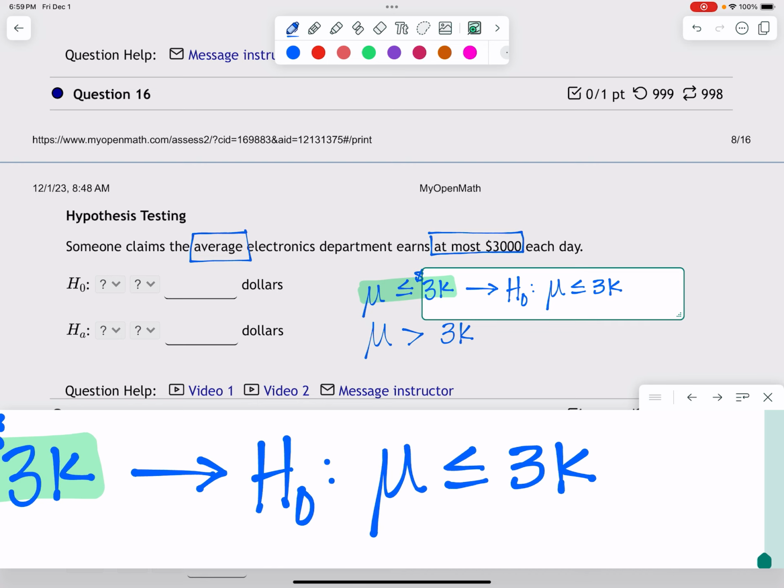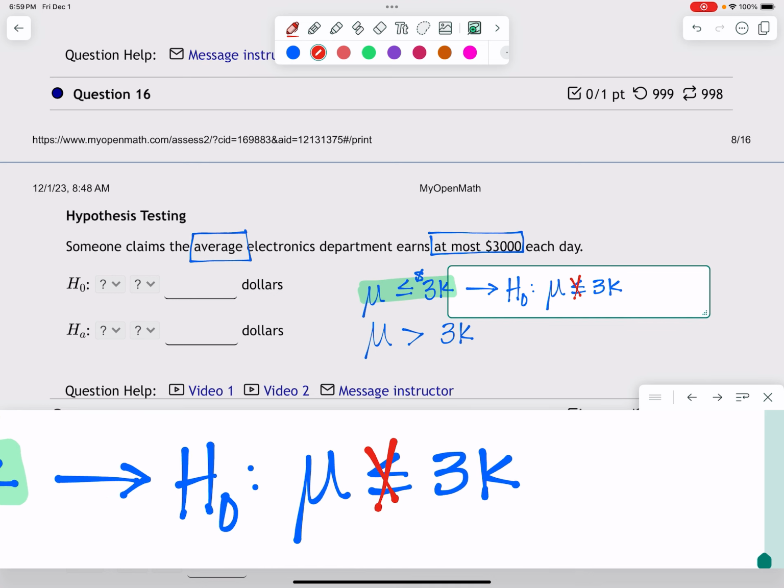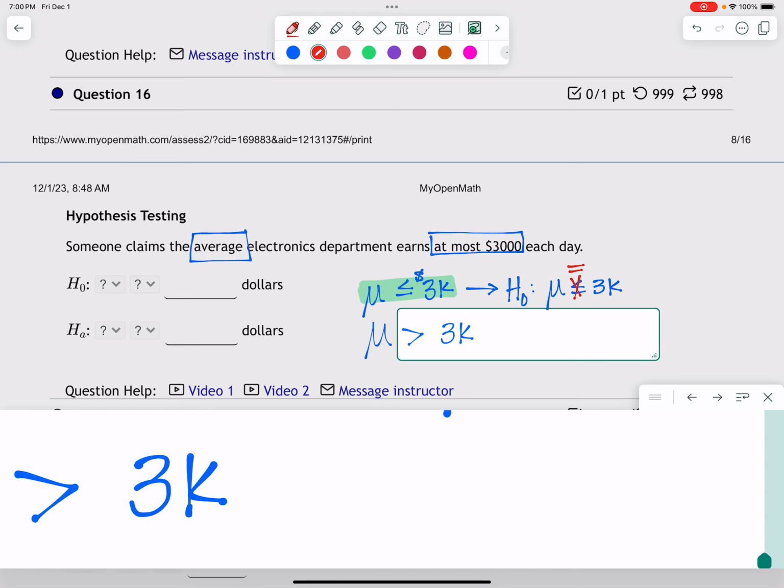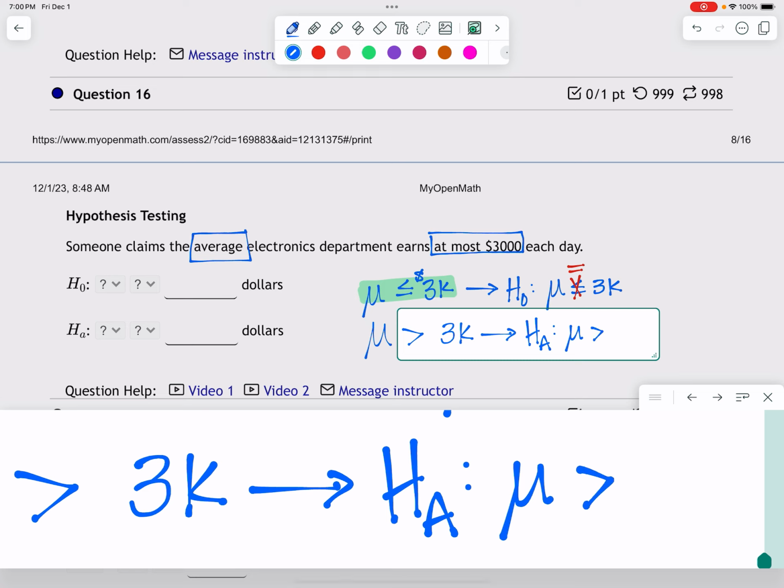But also remember that we change the inequality to an equals so we can plug it in StatCrunch and run the data. That means that bottom statement is going to be the alternative hypothesis, and it will be that the average is greater than 3,000.